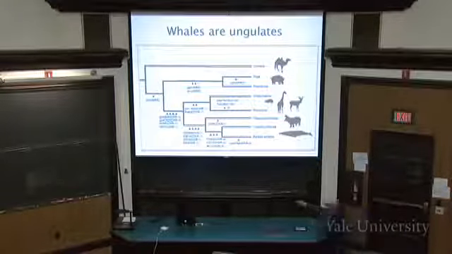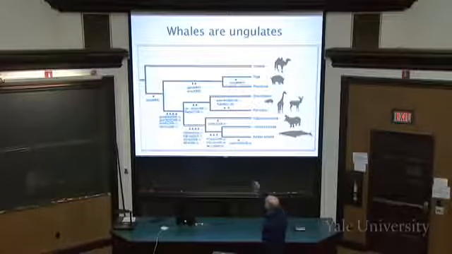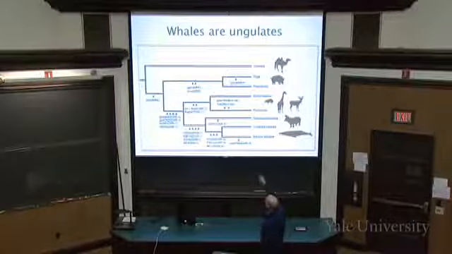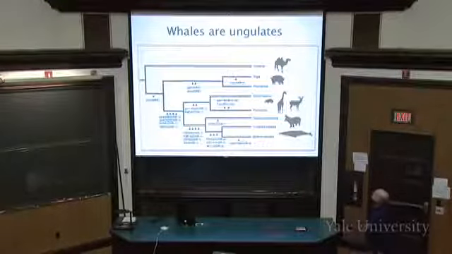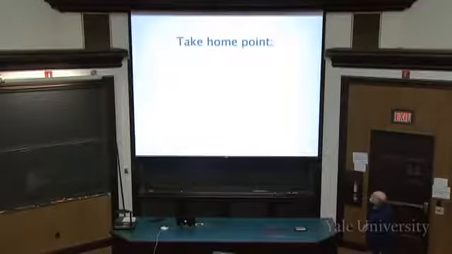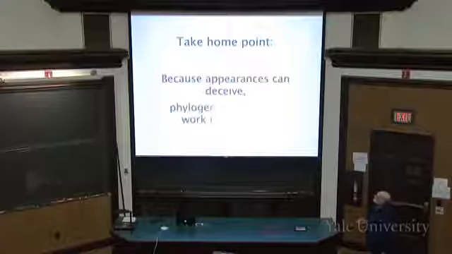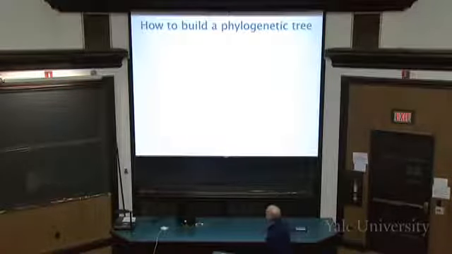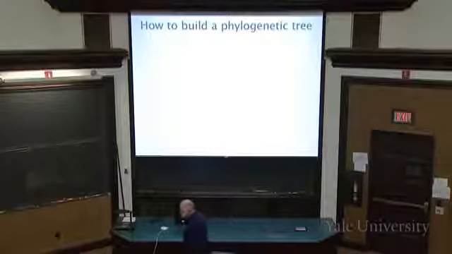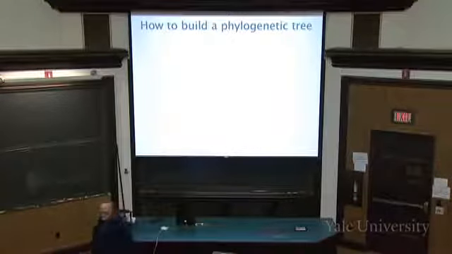And right here, marked on the tree, are some of the genes which have changed along these particular lines and which are signals of those relationships. So the take-home point is that appearances are deceptive and detective work is needed. Now, how do you do the detective work? How do you build a phylogenetic tree?